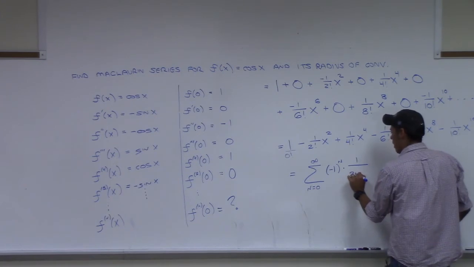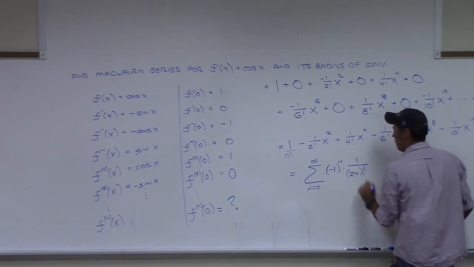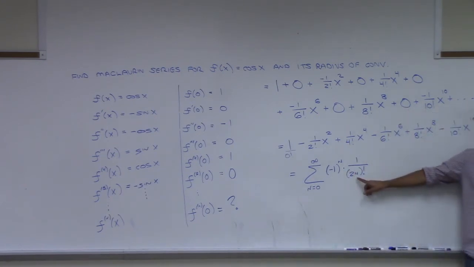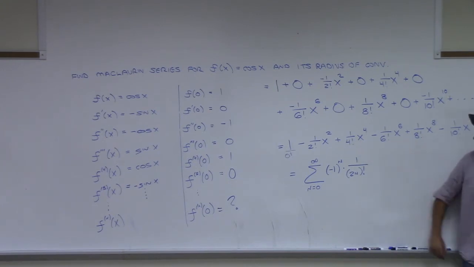So 2n in parentheses factorial. If n is 0, what do we have? 1, right? If n is 1, we have 2 factorial. If n is 2, we have 4 factorial. If n is 3, we have 6 factorial. See that?